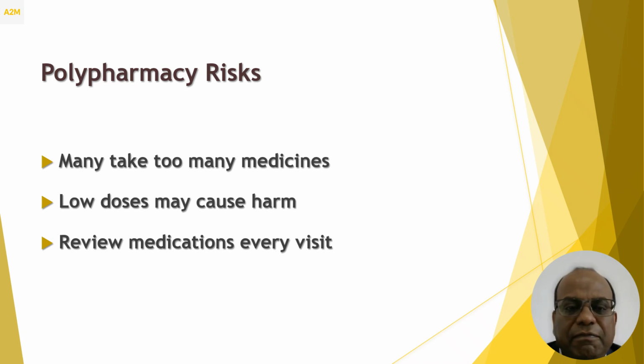So a safe medicine plan keeps doses low, avoids risky drugs, and uses the fewest medicines needed. When we simplify the medicine list, the patient becomes safer, more alert, more steady on their feet. Polypharmacy may seem normal, but it is a serious risk. A simple review can prevent many problems.